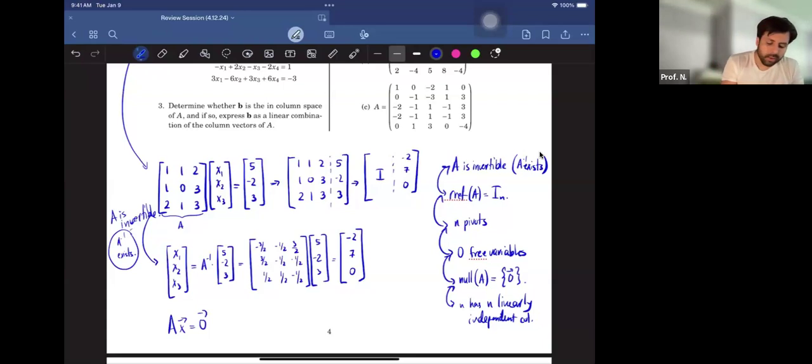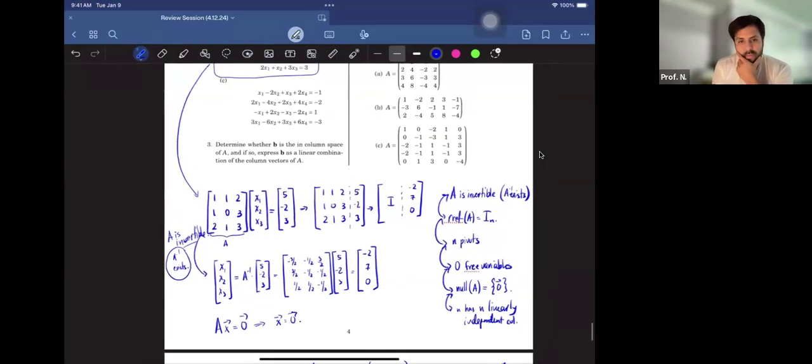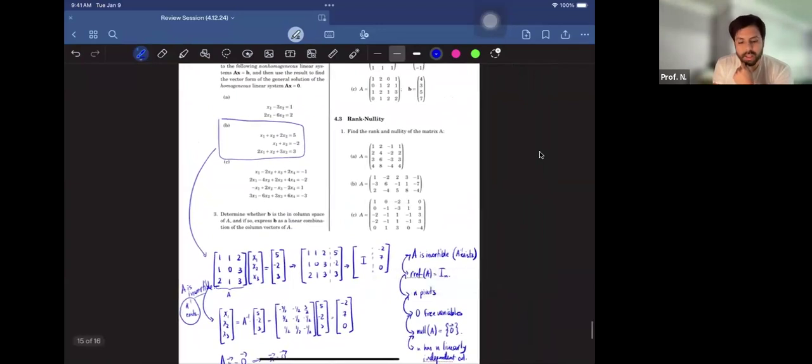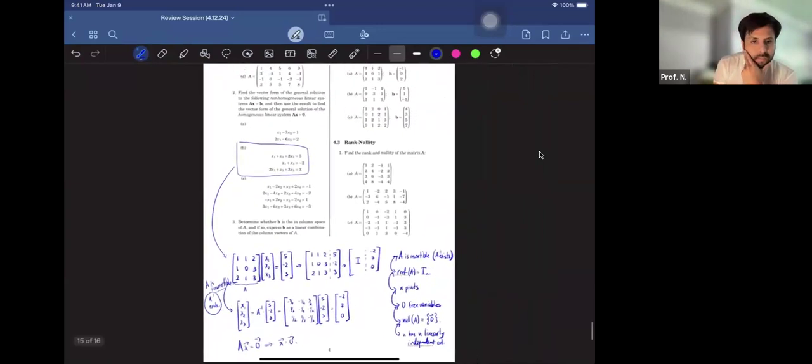So since this is invertible, x can only be 0 and nothing else. In this scenario, it's not that interesting, because the non-homogeneous system has a unique solution, and the homogeneous system is also unique. It's only 0. Does that make sense, Oren?